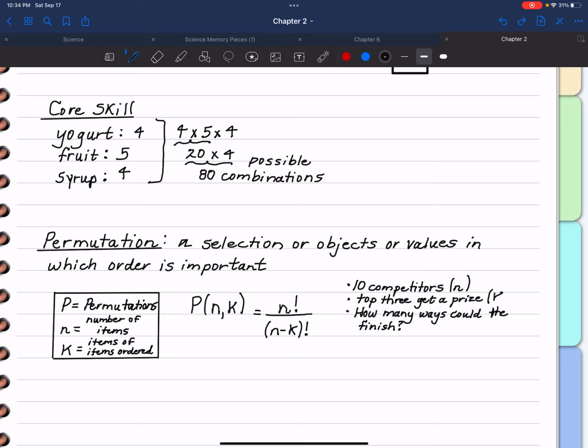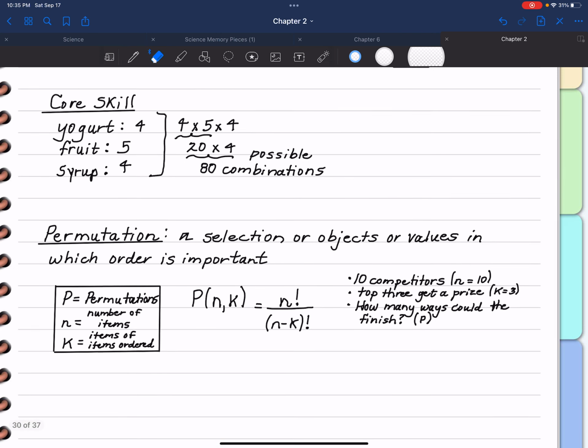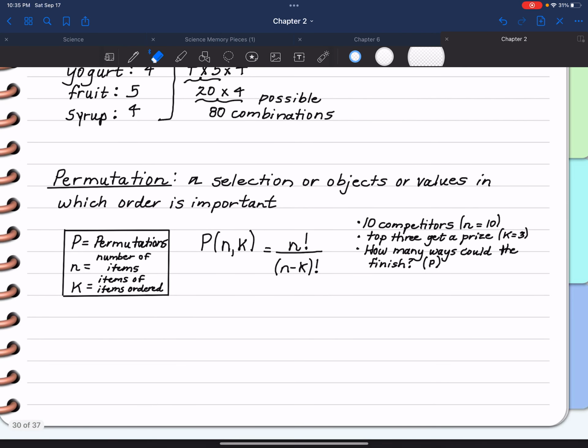Let me do it this way. N is 10. K is 3. And then P will be the number of ways to finish. And that is the unknown thing. P is what we're looking for. So our formula will look like this.